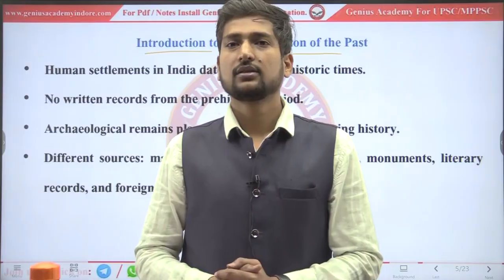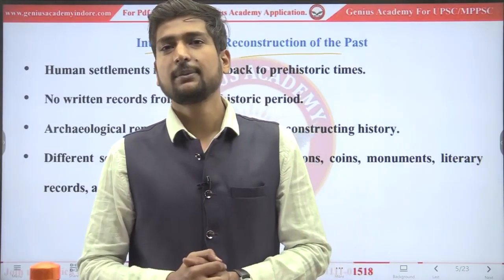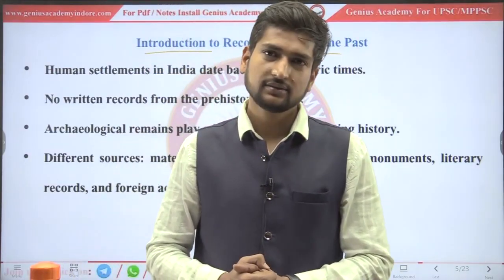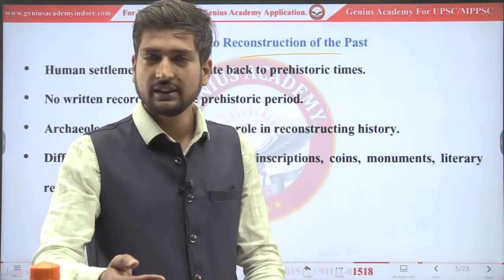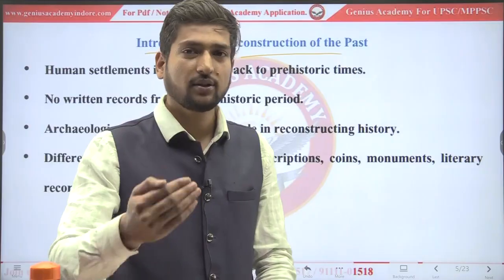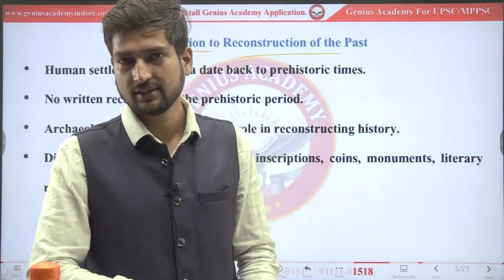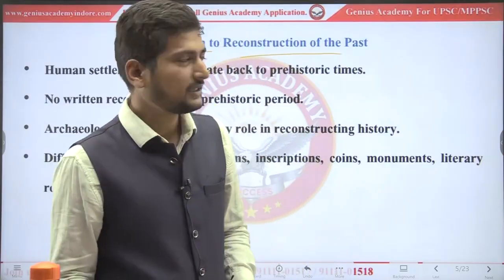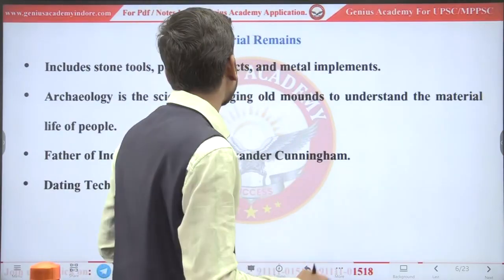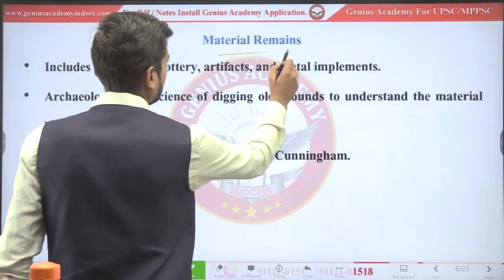For that, our historians depend on architecture and coins, pottery or other things which are obtained from excavation. That only we are going to see in the next slides. Material remains.